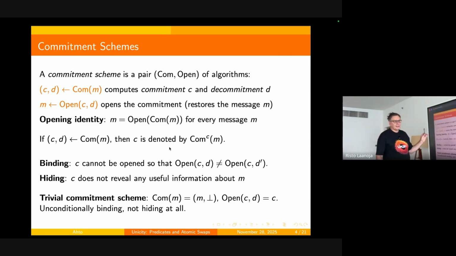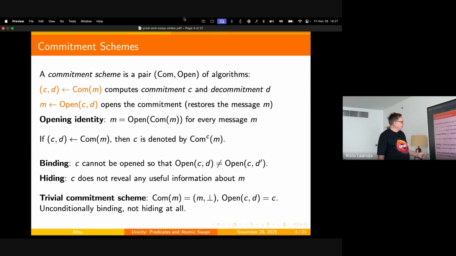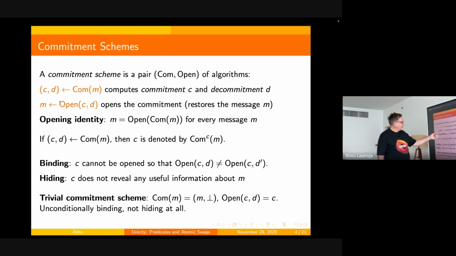Commitment is published somewhere, and we have the opening algorithm. So if we are given the secret, the decommitment, then we can open the commitment and reconstruct the message. And the opening identity says that if you commit properly, you will open properly.